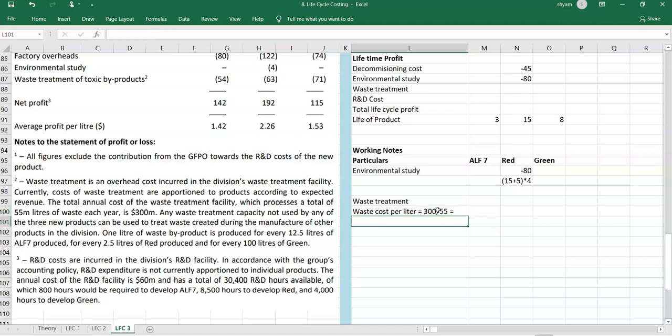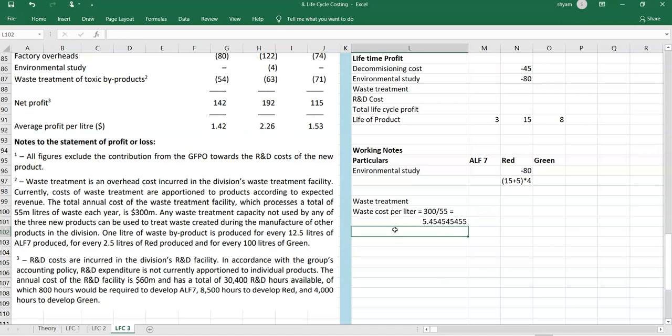So that will give you an answer of how much? 300 divided by 55. Okay, this is the cost incurred per liter.